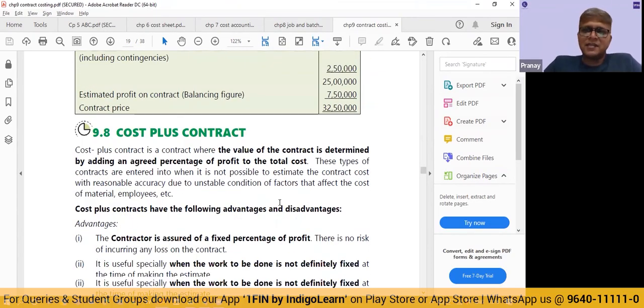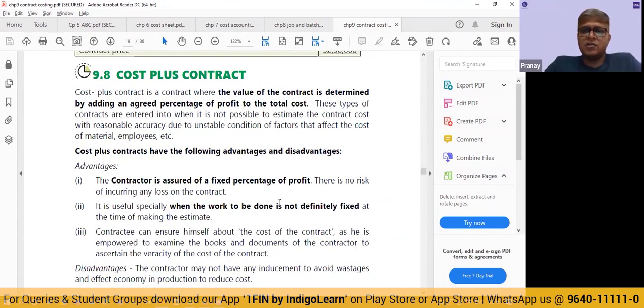Then in some cases, there are contracts where cost plus costing is given. See, recently after COVID, the cost of raw material has increased by 50, 60, 70% in some cases. Imagine if someone had taken a contract maybe 2 years back for 10 lakhs, estimating that the cost is going to be 9 lakhs and that they are going to make a profit of 1 lakh.